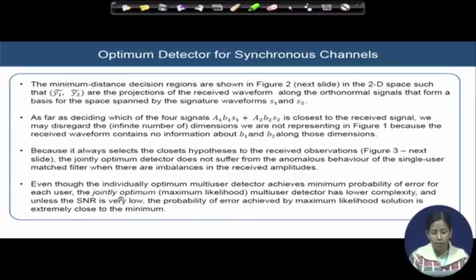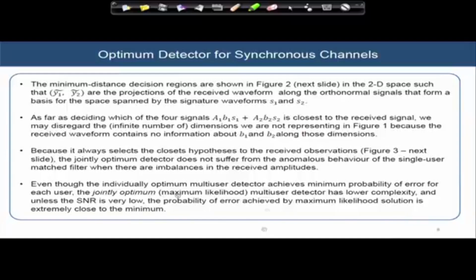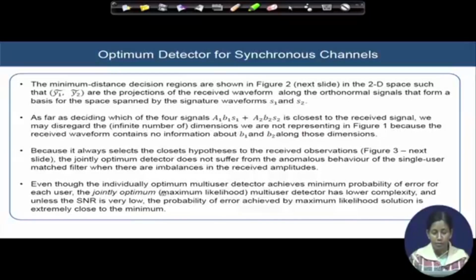If the question comes like this, then the answer is that the jointly optimum multi-user detector is much less complex compared to the individually optimum multi-user detector, and unless the SNR is very low, it can give a low error probability also, because maximum likelihood estimation is involved, and it can be very close to the minimum error probability promised.